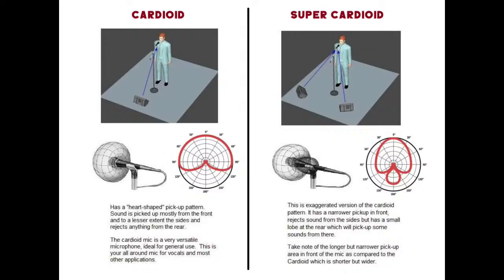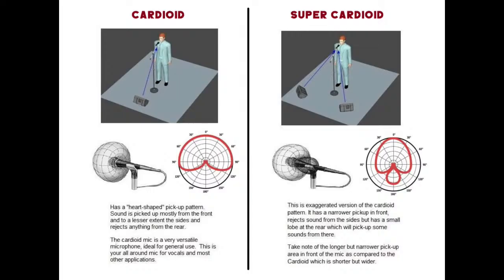You'll notice that on the right hand side you'll see a little different pattern, and it's called a supercardioid. Supercardioid means that it's a little thinner and a little bit more focused than the standard cardioid. That's how the microphones are built. So some microphones are cardioid, some are supercardioid. And what that means is they get a better level of rejection.